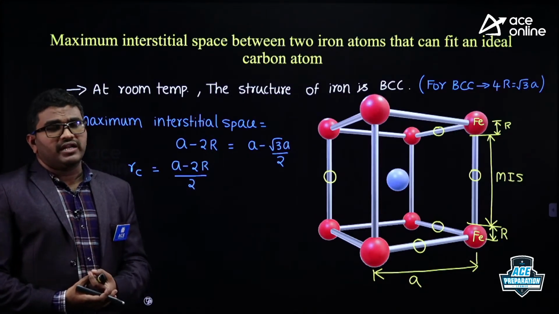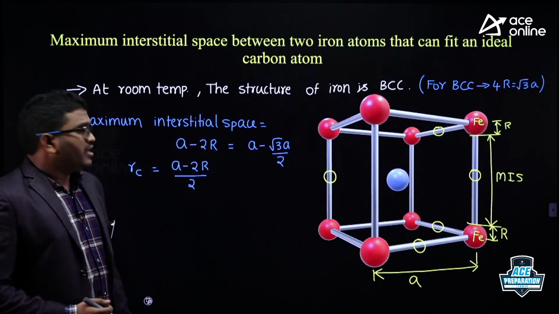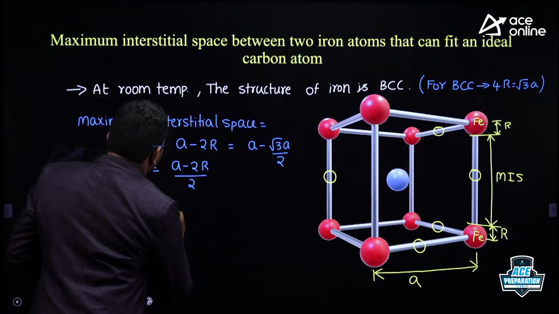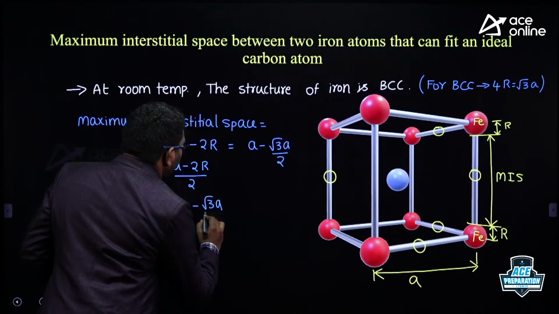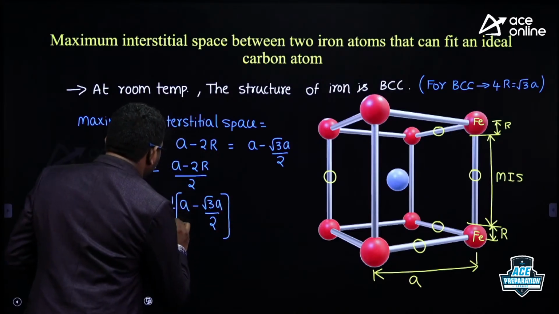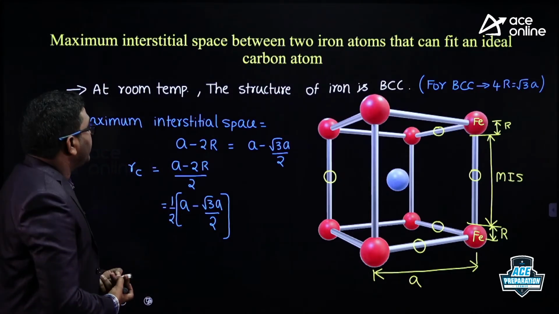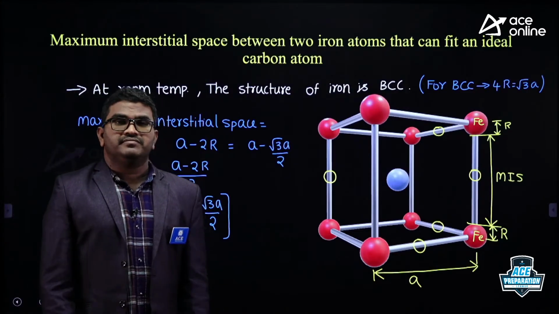This is also correct, right? So, this is the maximum interstitial space. The radius is this one, A minus root 3 A by 2, into 1 by 2. This is the radius in terms of A. Sometimes they will ask you in terms of R also.